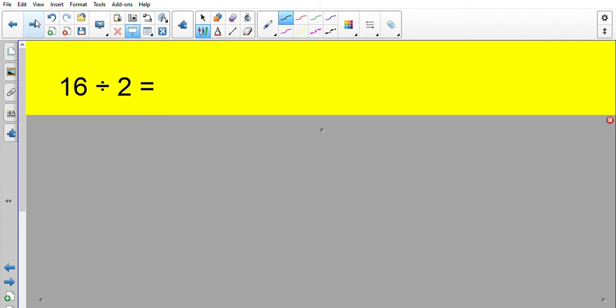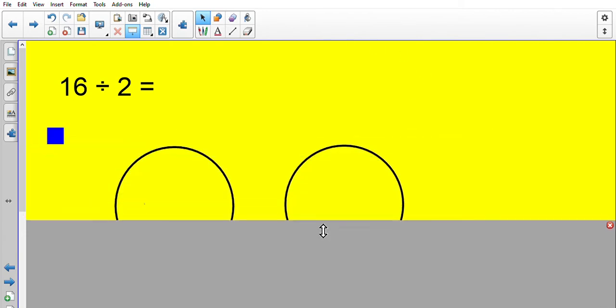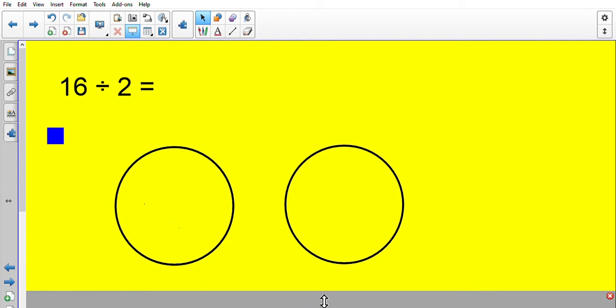Let's have a look at the next one. 16 divided by 2. How could we work out the answer to this one? Let's look at some of the ways that I could do it. So we could have 2 groups and then we get 16 cubes and we put them between the 2 groups. So we start off with 16 and we share our cubes between the 2 groups.